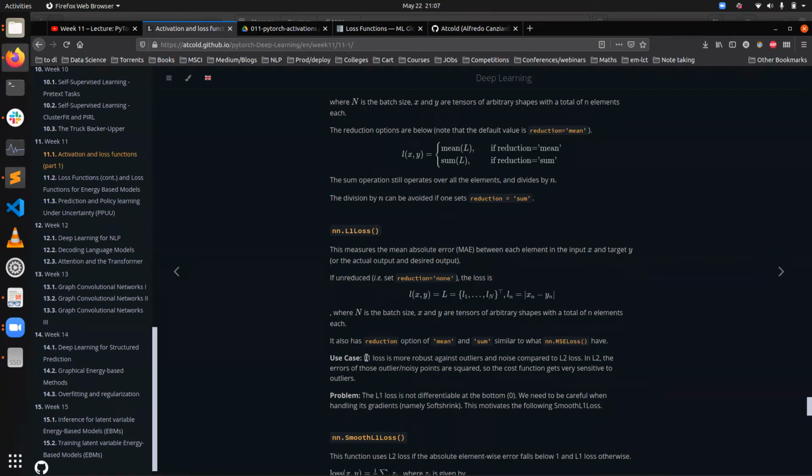In L1 loss, they count as much, since you are not taking a square. And if you have outliers or some noise and you have very large errors, when you take the square of that, they become even larger. So L1 loss is like a protection against that. In L2, the cost function gets very sensitive to outliers, which is not something that we want.